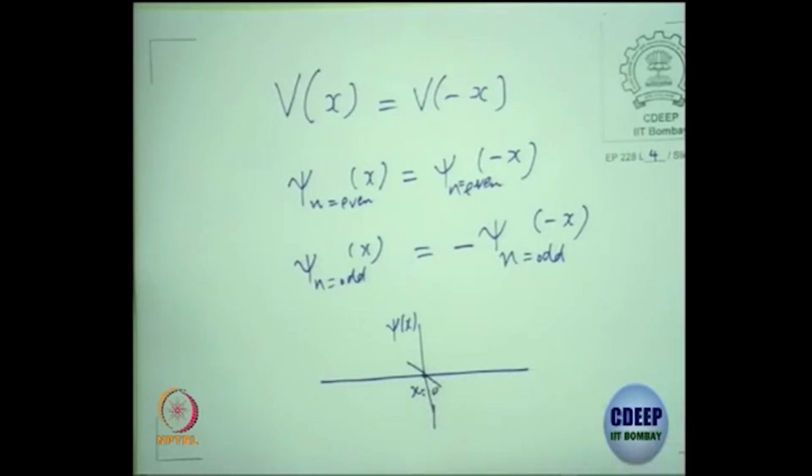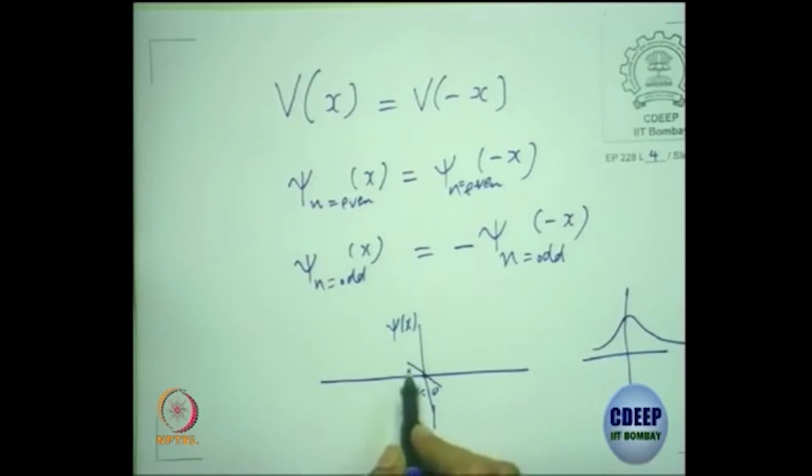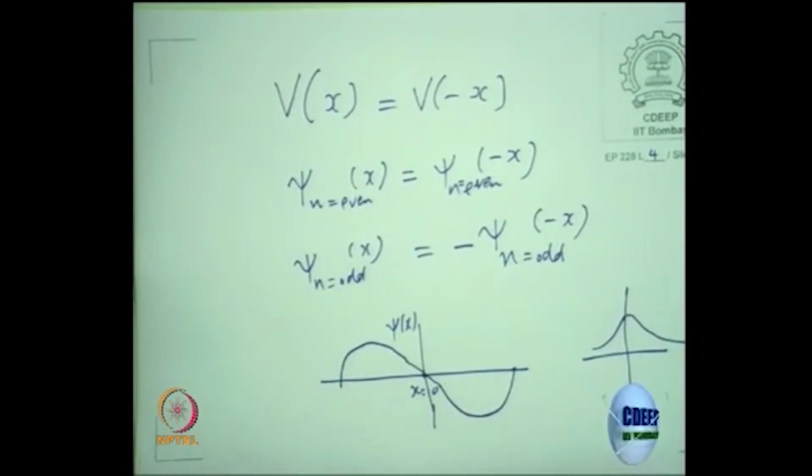What about an even function? An even function can be finite. Something like this. This is a well-defined even function. Odd functions will be something like this. So there is always a node for an odd function and there is no such node for an even function at x equal to 0. Okay.